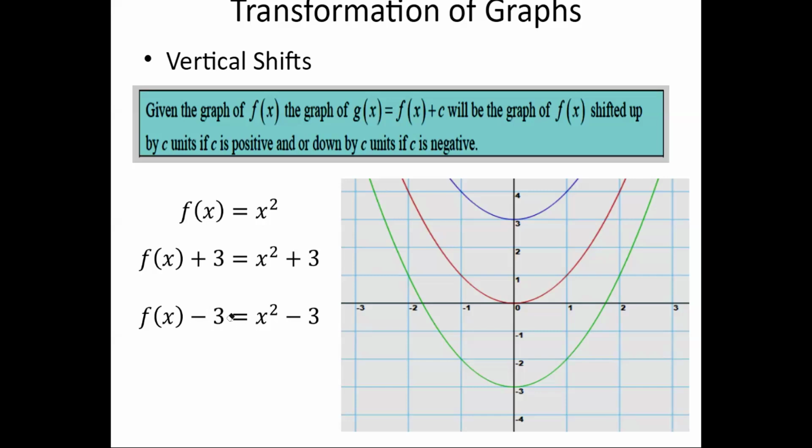If you were to subtract 3 from the function, it becomes x squared minus 3, this green graph at the bottom here. So when you add a number, it goes up. When you take away a number, it comes down, right? And notice you add a number or subtract a number to the output. Notice you're adding C or subtracting C from f(x), the output. So you end up with a vertical shift, either up or down.